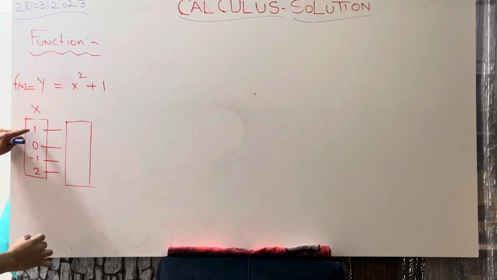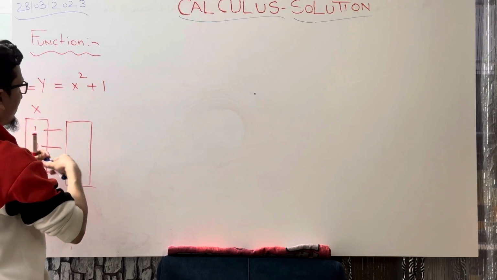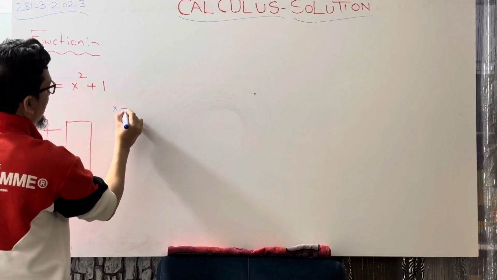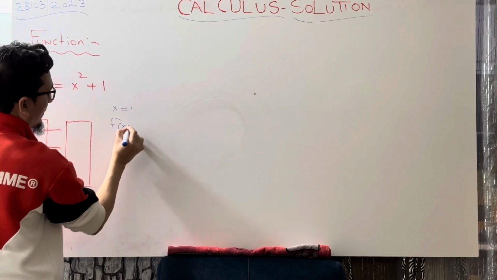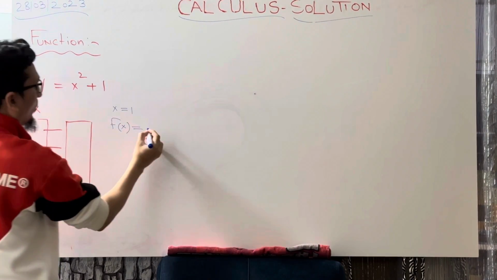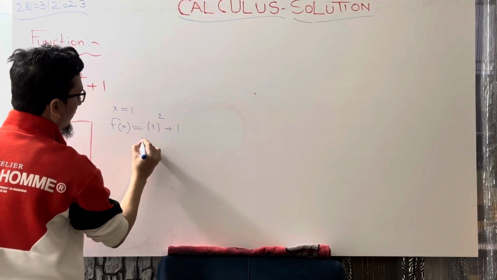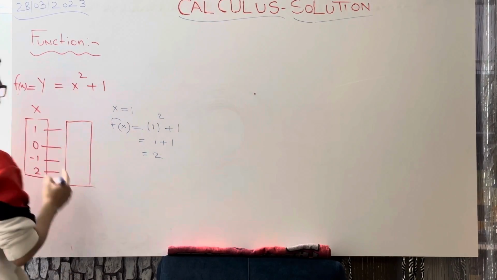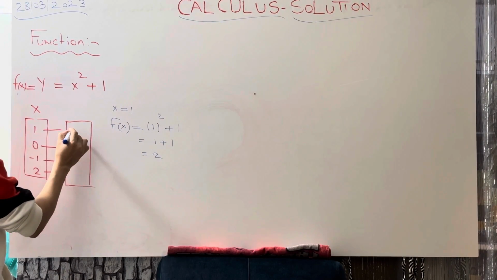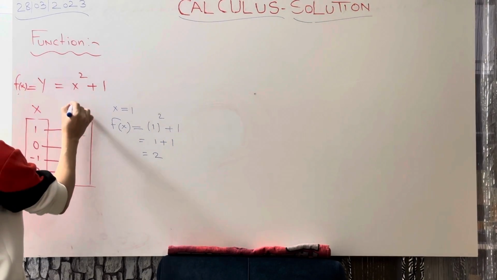When x is equal to 1, you plug x is equal to 1 here, f(x) is 1 square plus 1, which is 1 plus 1, which is 2. So you can say when x is equal to 1, f(x) is 2 or y is equal to 2. This is your f(x), right?